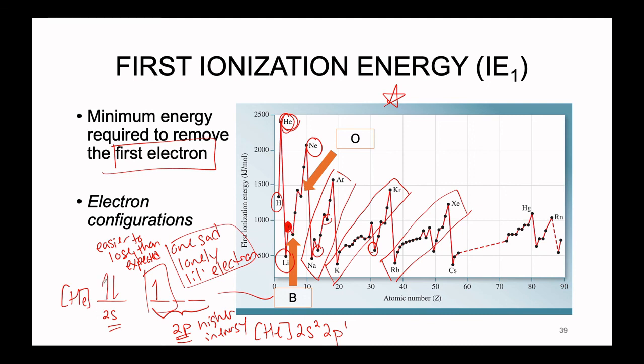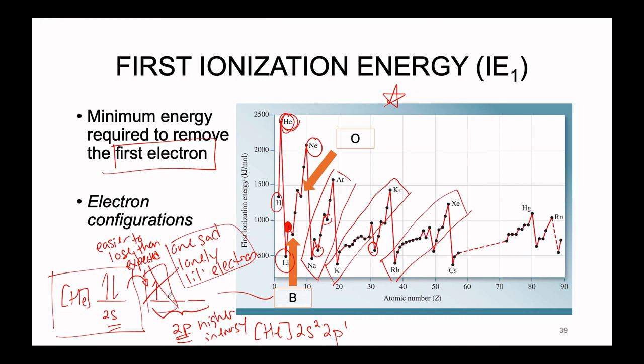In beryllium, its electron configuration is the same as boron, it just doesn't have this one sad, lonely little electron. Beryllium's electron configuration is this. It has a filled subshell, the electrons have pairs, it's going to be very stable in this way. So we increase by 1 electron to boron, and this one sad, lonely little electron is going to be so easy to lose.